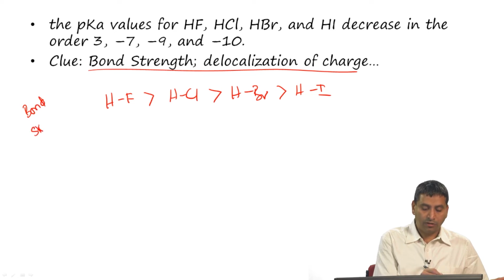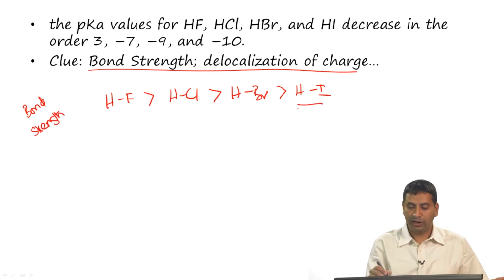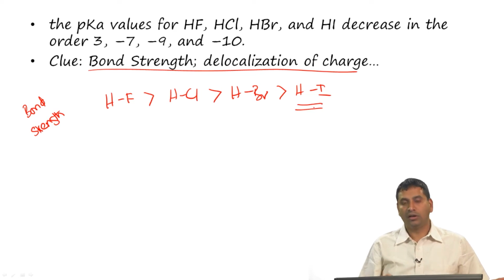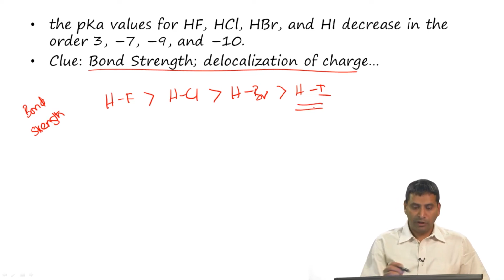Therefore, the H-I bond is much easier to break when compared to HBr and so on. And so, the pKa value is 3, minus 7, minus 9 and minus 10.